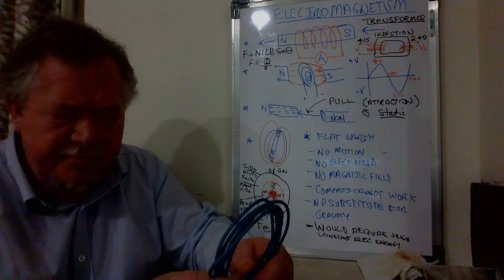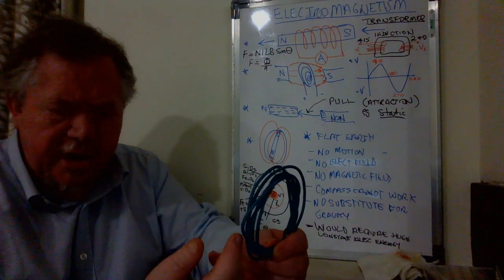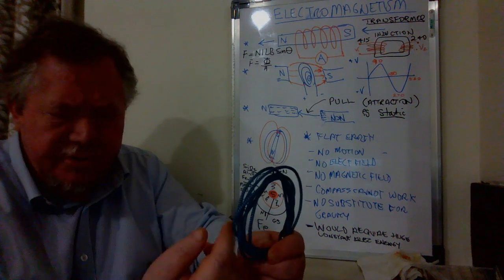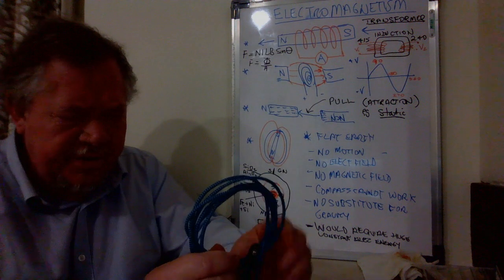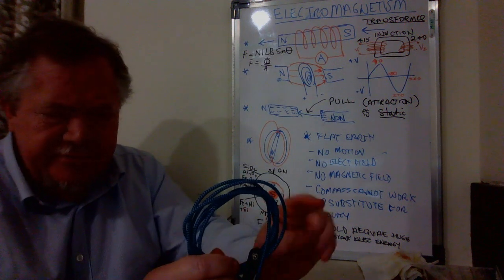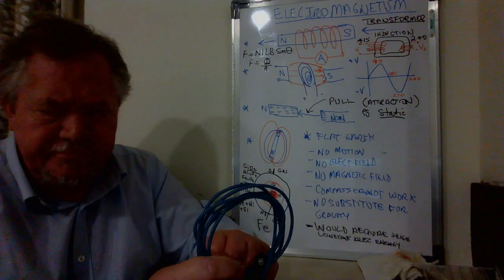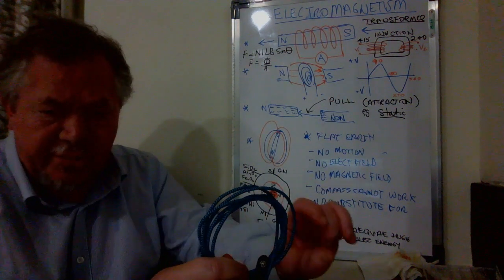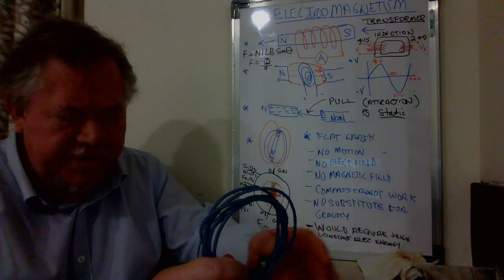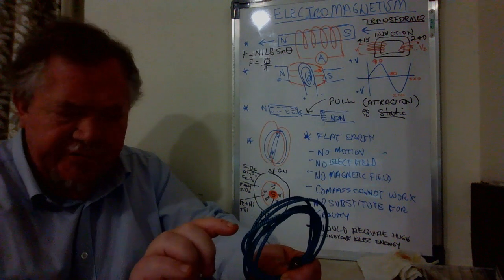So again, 100 turns of the coil on this side, put in 240 volts, 10 turns on that side, and I ended up with only 24 volts. That's a step down transformer. It works the other way too, by the way. If I put 24 volts in this side, I can get 240 volts out of this side.